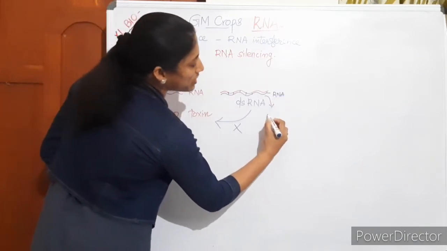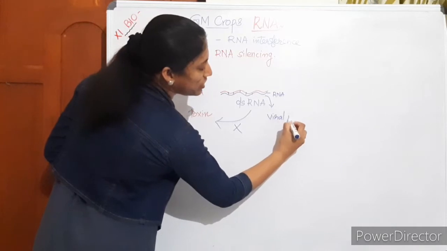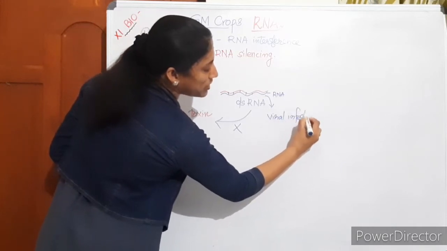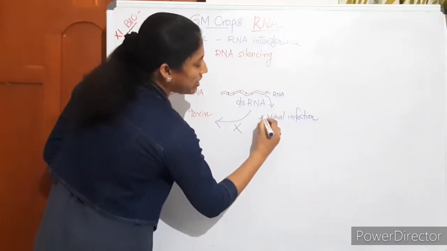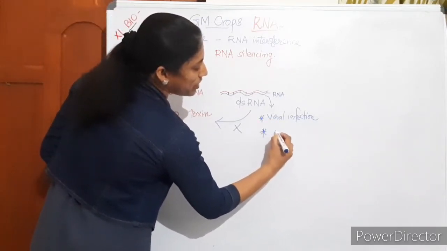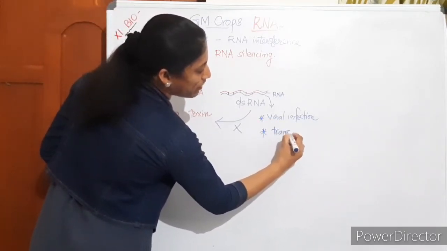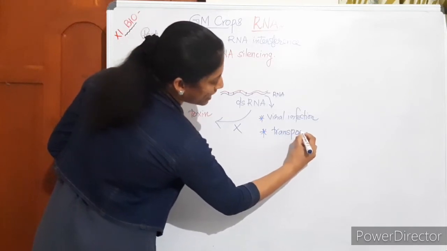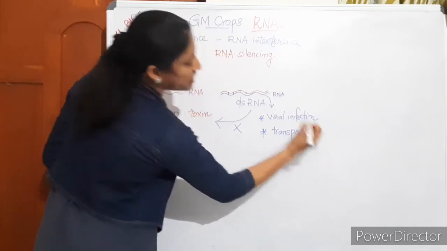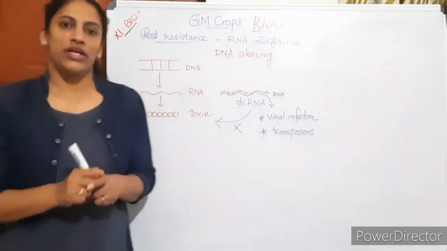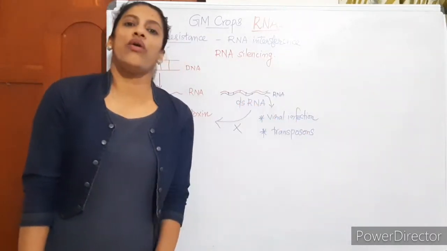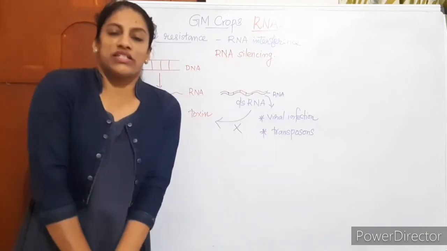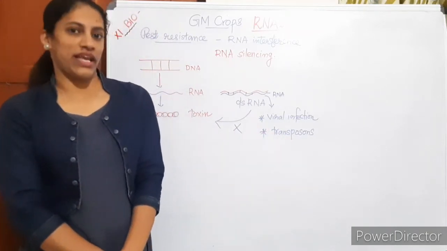The source may be a viral infection, in the plant or animal, or it may be available with the help of transposons, mobile genetic elements. So the source of the double-stranded RNA may be either a viral RNA or transposons, mobile genetic elements.